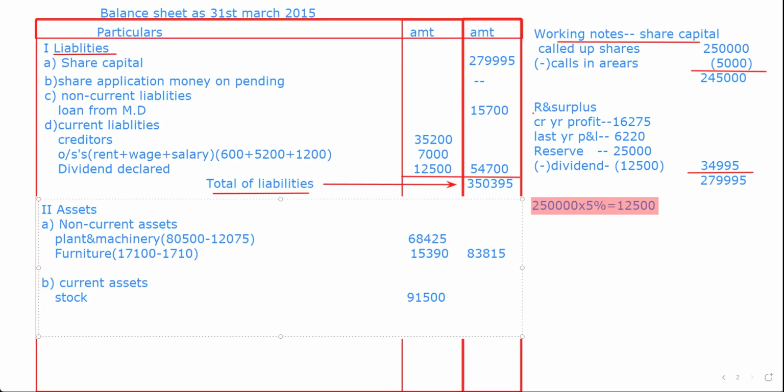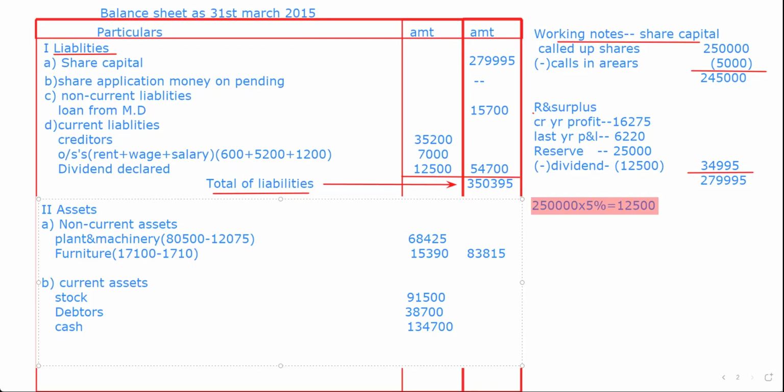Then after closing stock, he gave me the debtors of 38,700. Then he gave me cash, 1,34,700.